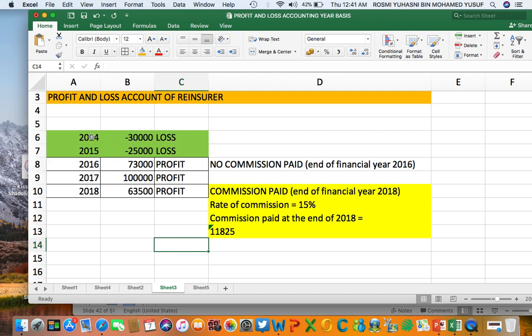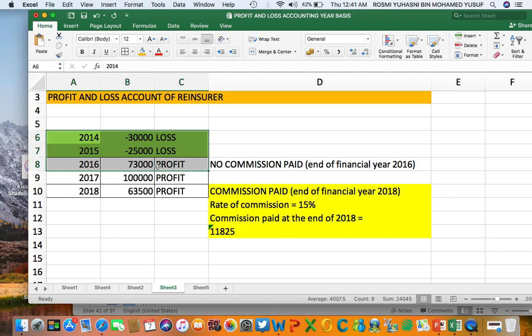They're going to look at the 3-year average result of 2014, 2015, and 2016. In the following year, 2015, there is also a deficit of 25,000. So the reinsurer is making a loss again. And for the third year, there is a profit of 73,000.